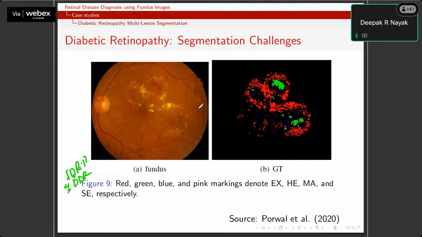So here you can see the input image, and this is the ground truth, because we're talking about segmentation, not grading. The annotation of this image is a really time-consuming process, so the ophthalmologist has to sit and annotate the image like this.